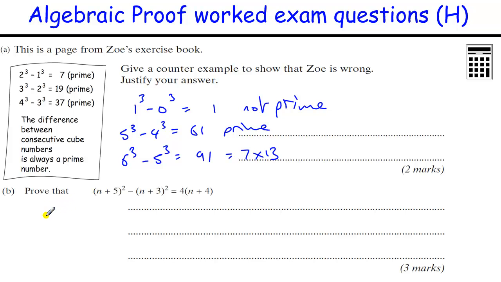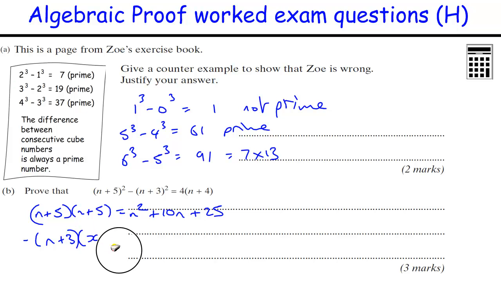Prove this. So n plus 5 squared is going to be n plus 5, n plus 5. That's n squared plus 10n plus 25, and you want to take away n plus 3, n plus 3, which is n squared plus 6n plus 9.